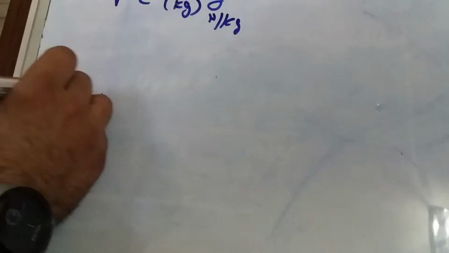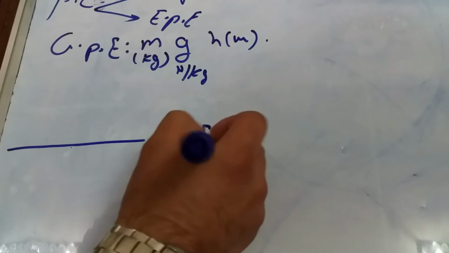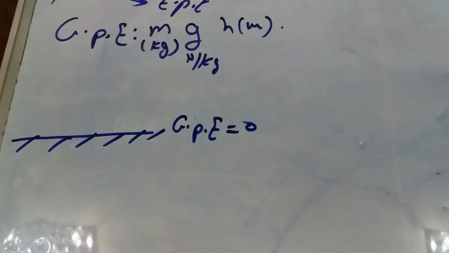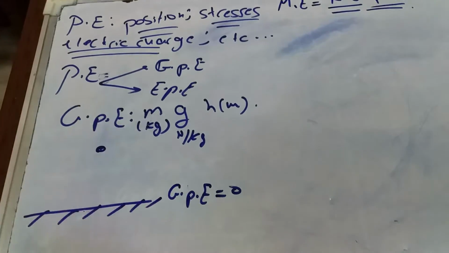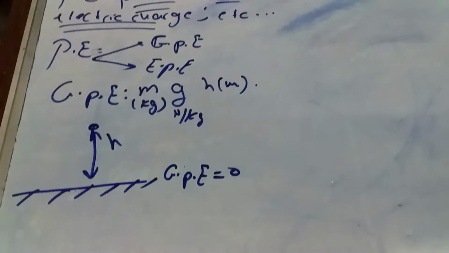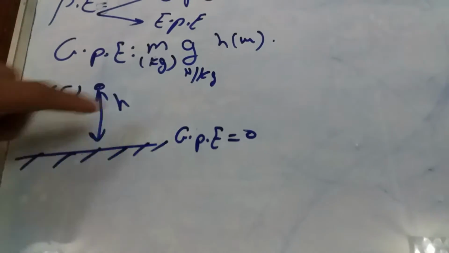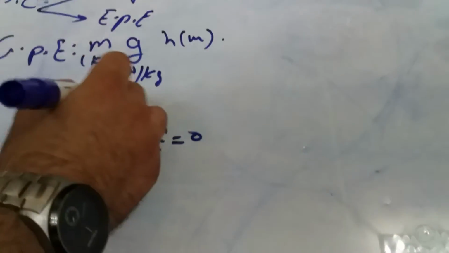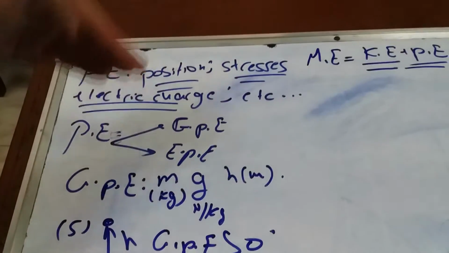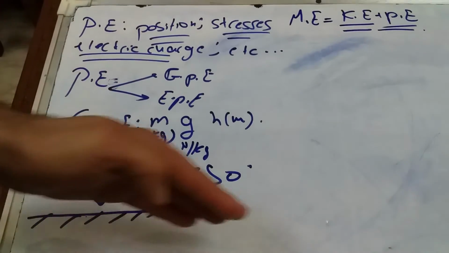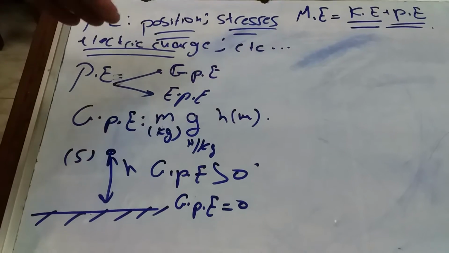Now, if we let this be our reference level for gravitational potential energy, then every object at a distance h above this level has a gravitational potential energy greater than 0. So as the elevation increases above the GPE level, the stored energy increases.